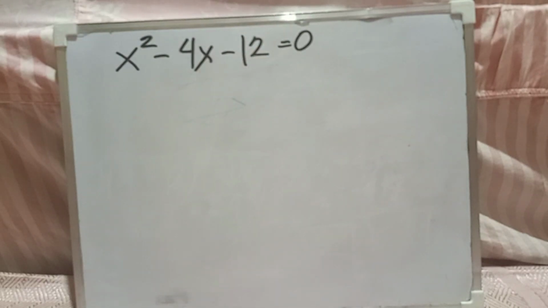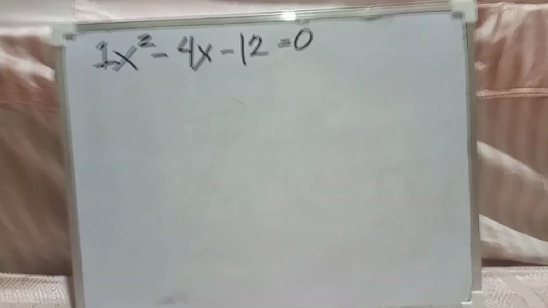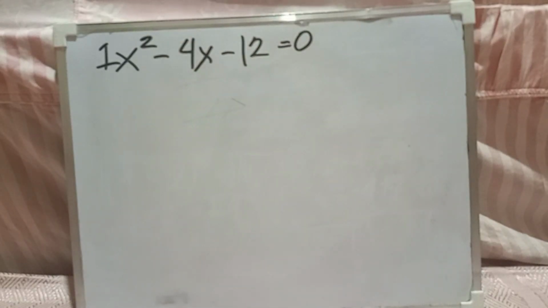We have here a condition that we need to follow. In completing the square, we need the coefficient of our x squared to always be 1. If the coefficient of x squared is greater than 1, we need to eliminate it and make it 1.